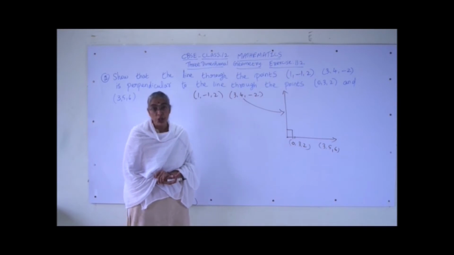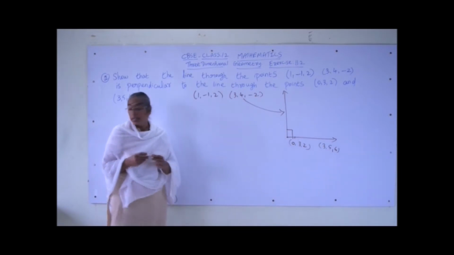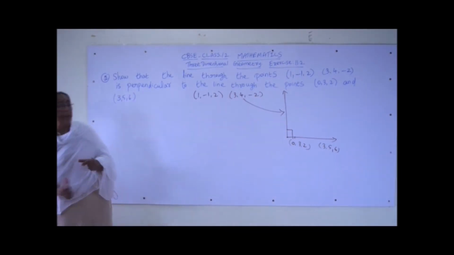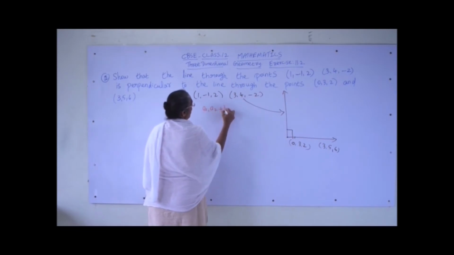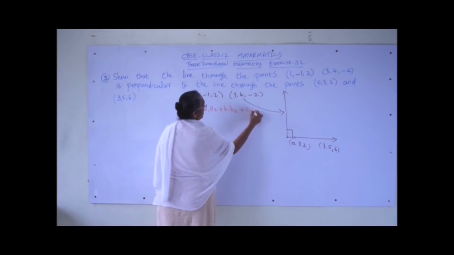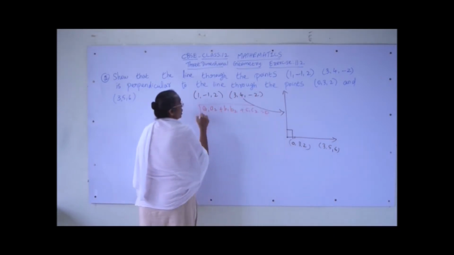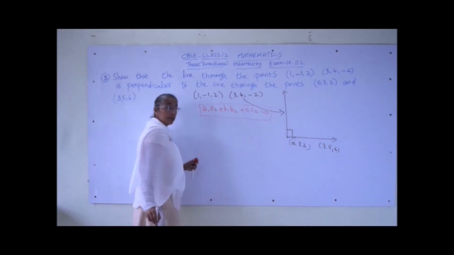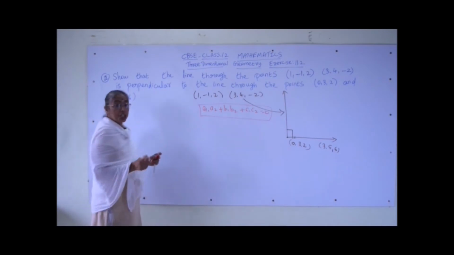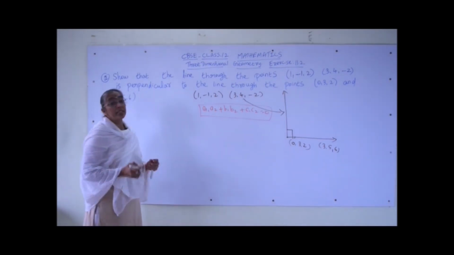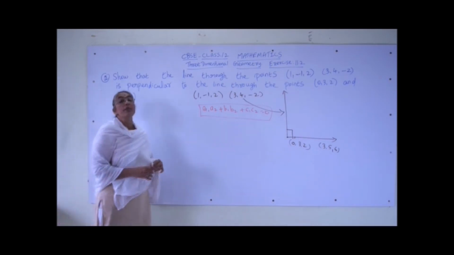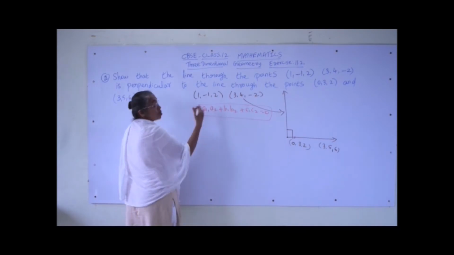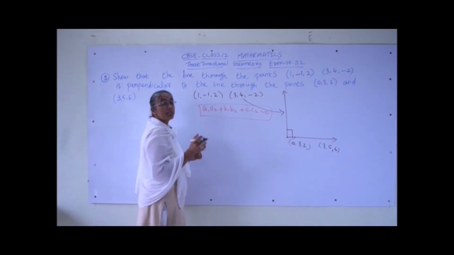If the direction ratios are a1, b1, c1 and a2, b2, c2, then the condition for the two lines to be perpendicular is a1 a2 + b1 b2 + c1 c2 = 0. Here, instead of direction ratios, a line segment passing through two points is given. When two points are given, we know how to find the direction ratios: x2 - x1, y2 - y1, z2 - z1.